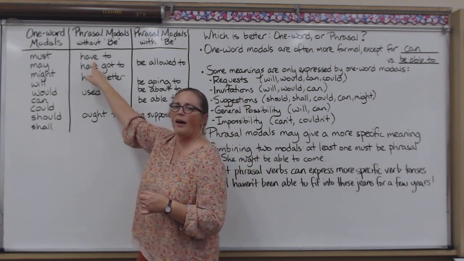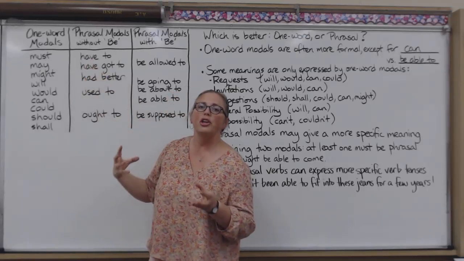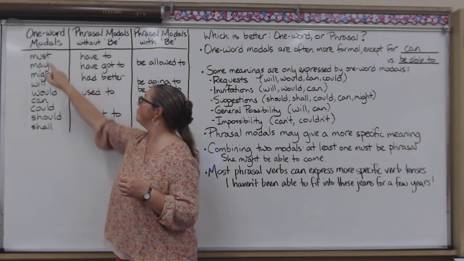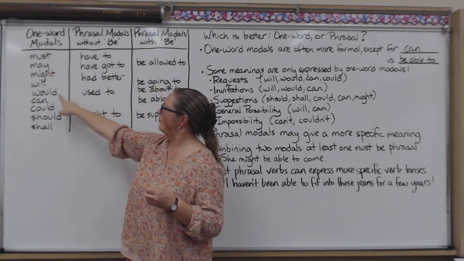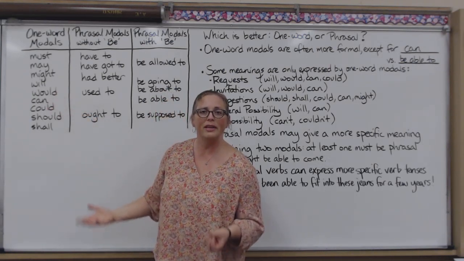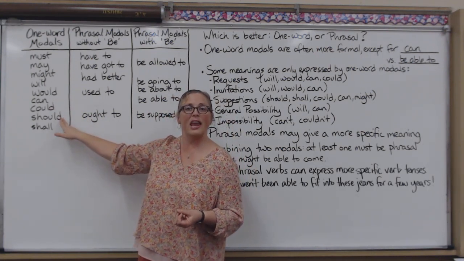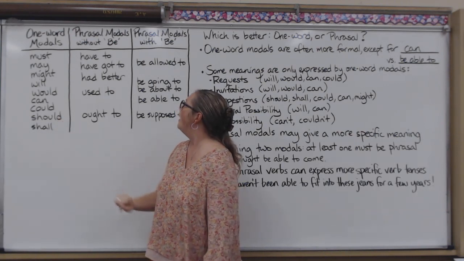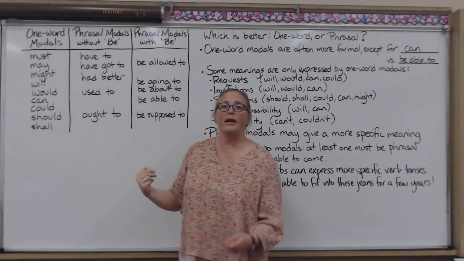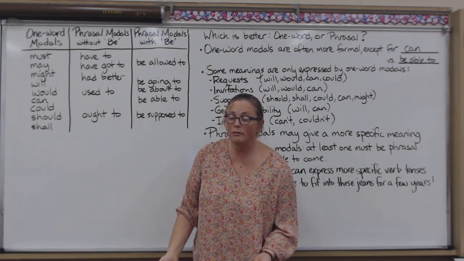So, for example, have to, have got to, and had better have similar uses to the one-word modal must. Used to can have a similar meaning to would if you're talking about past repeated actions. And ought to has basically the same meaning as should. Be allowed to is basically the meaning of may if you're talking about may for permission.